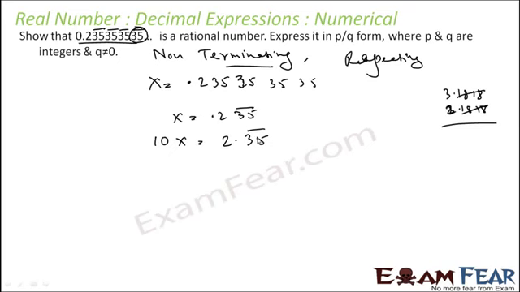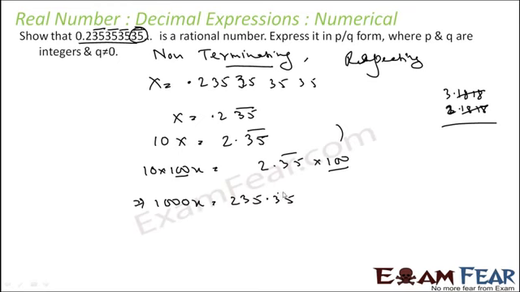Okay. Now since 2 digits are repeating here, we'll multiply this expression with 100. This whole thing will multiply with 100. So 100 into 10x is 1000x, and 2.35 into 100. Both sides will multiply with 100. So what you get is 1000x is 235.35 bar. Why did we do that?